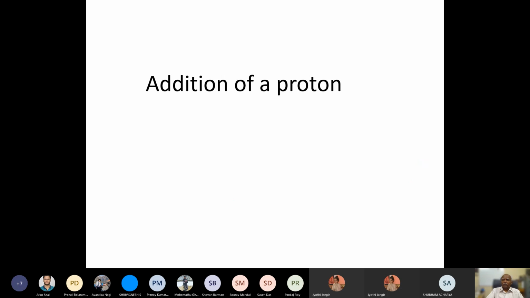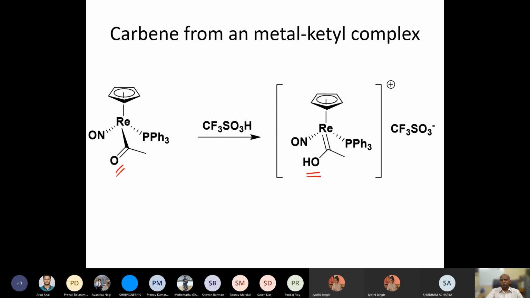A third way is a rather strange way. This is by addition of a proton. You look at this molecule which has an acyl group; you can protonate it using trifluoromethanesulfonic acid. This is a very strong acid.